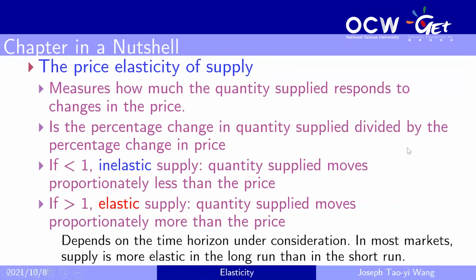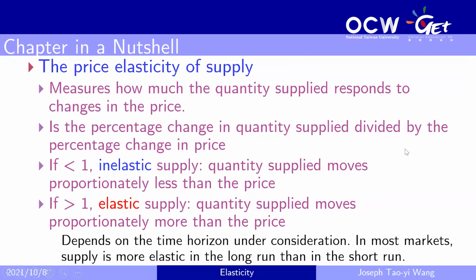This measures how quantity supplied responds to changes in the prices. And so this is the percentage change in quantity supplied divided by the percentage change in prices. And just like we have elastic or inelastic demand, we have elastic supply if price elasticity is greater than 1.